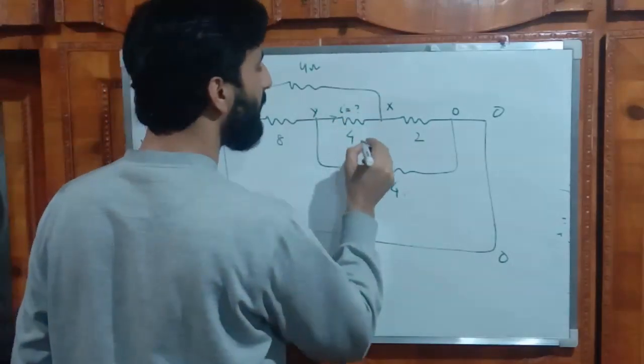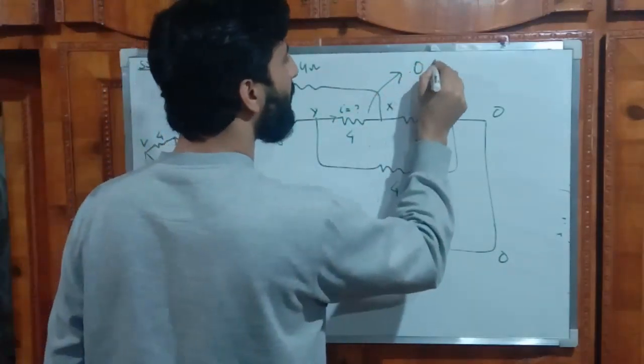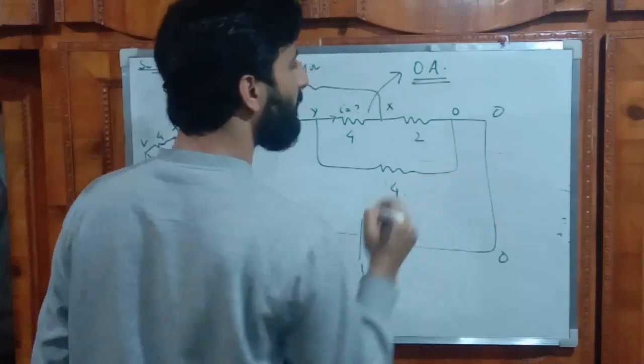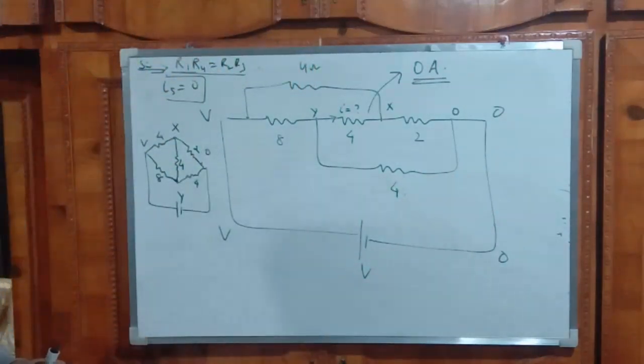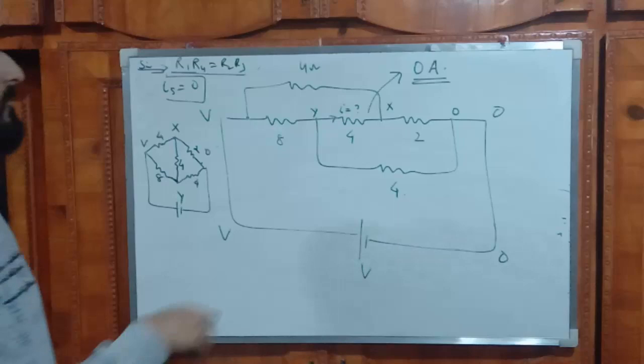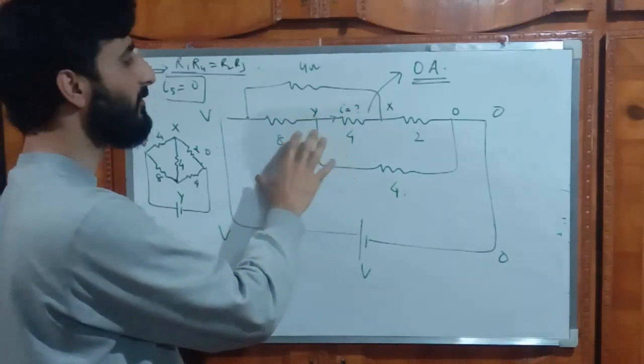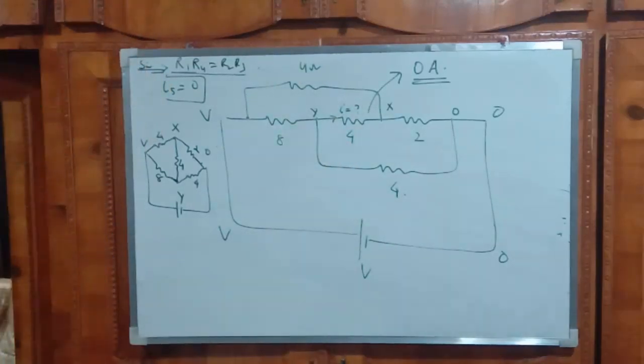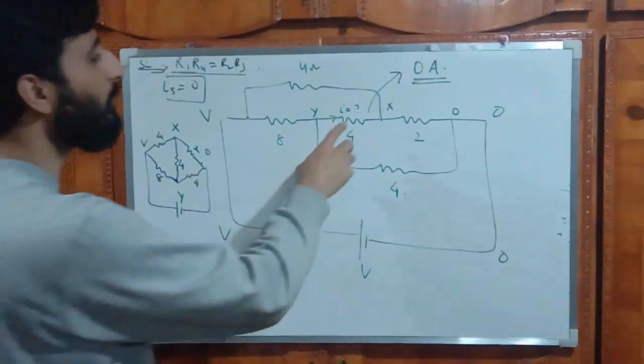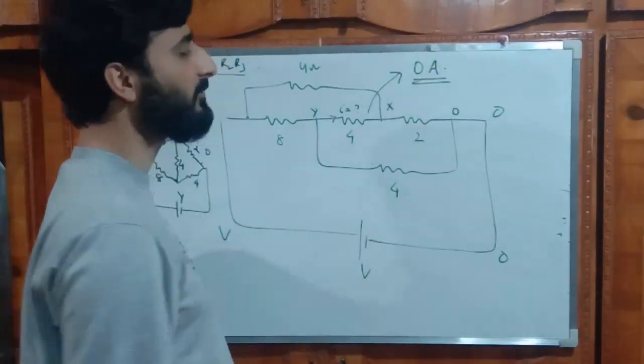So the current through this will be 0 amperes. So this is a Wheatstone bridge, and that too in a balanced condition.